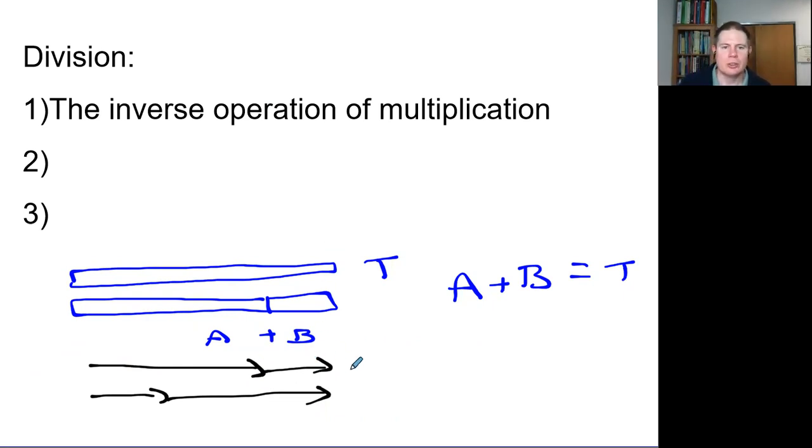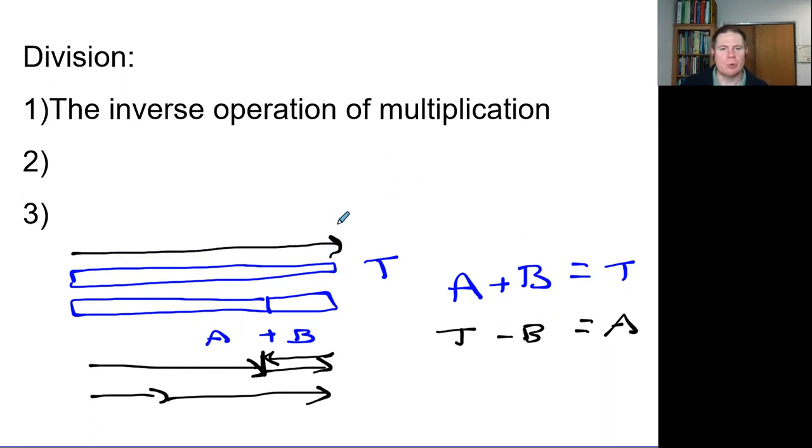Well, subtraction, I can either start with the total and take off this B part. Move backwards from T by B to get A. And I can describe that by saying, well, T take away B gives me A. If I start here, I've moved the total, and then I move back by a certain amount.